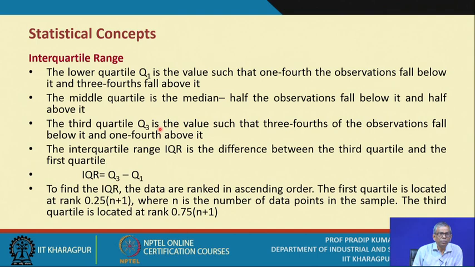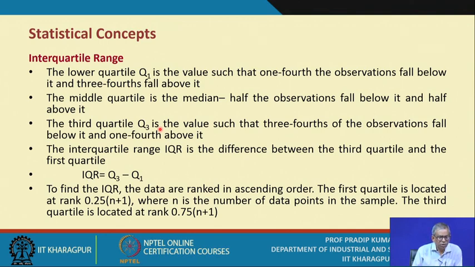Now, in the last class we mentioned the measures of dispersion, and we already discussed the first two measures, that is the range and the variance or the standard deviation. The third one, the interquartile range, is also used in many cases.